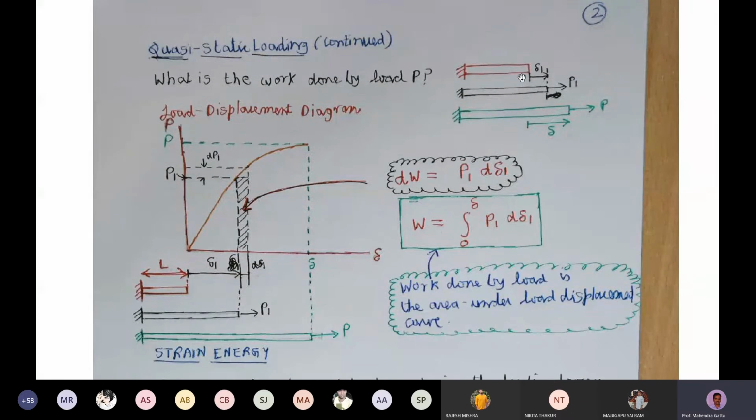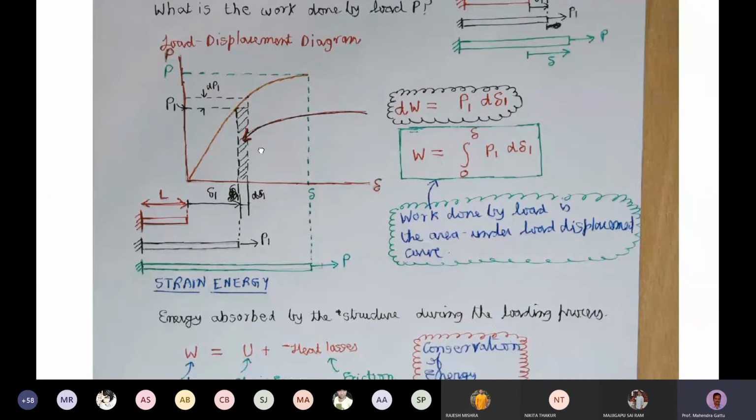Initially we have this length L, and then at an intermediate position the deflection is delta 1 and the axial force is P1, and you keep on increasing the load. The final load P is reached and the final deflection is delta. So we can plot the load P versus displacement delta diagram.